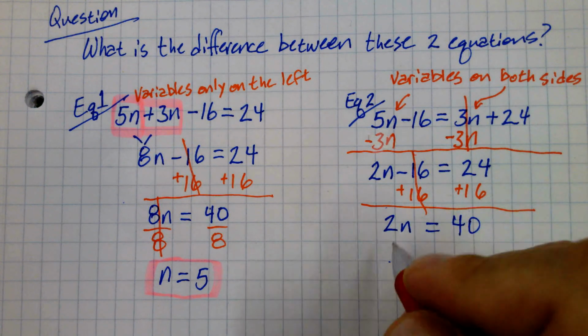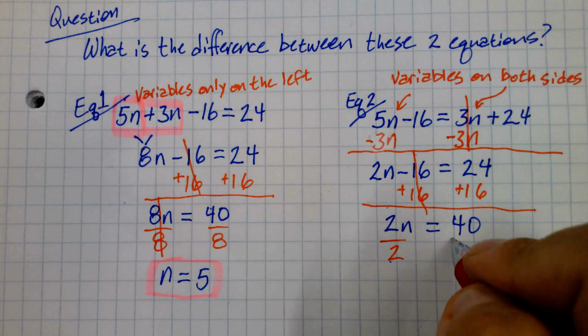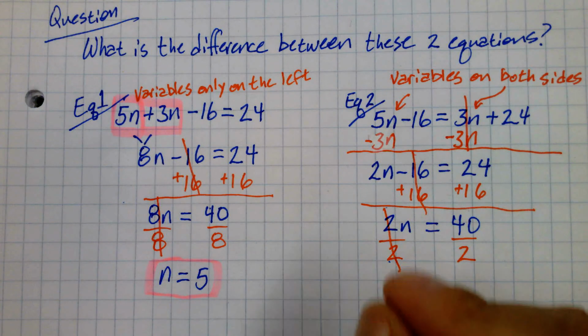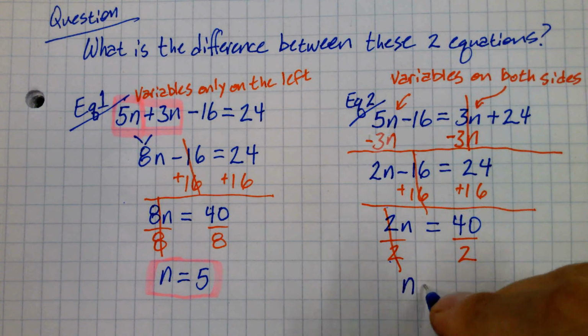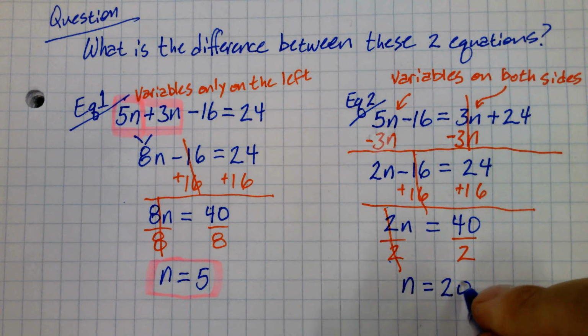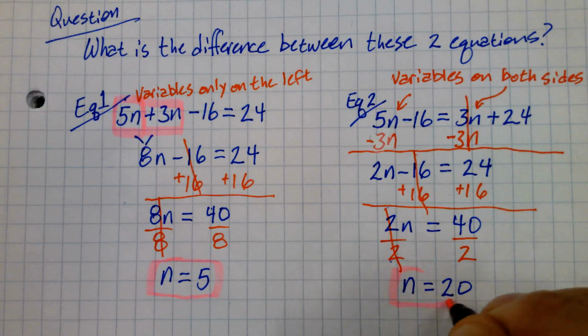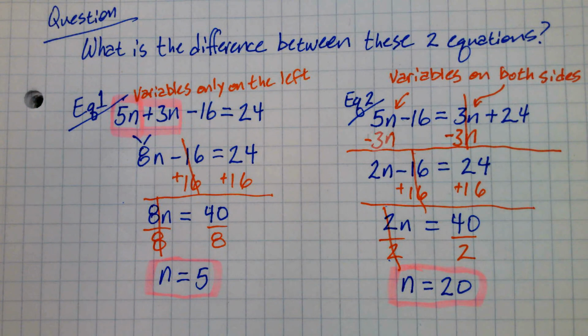And then divided by 2. What's 40 divided by 2? So that's what n is in this case, 20. Yep, it's 20. So the solution here is n equals 20.